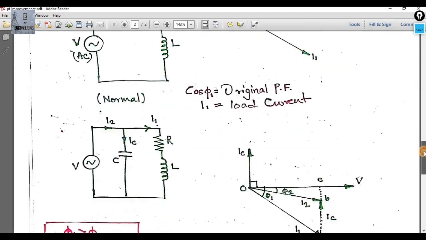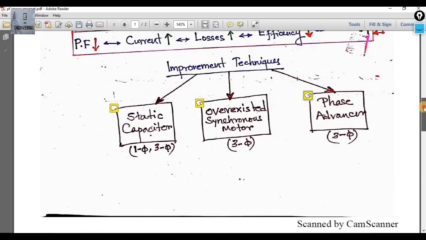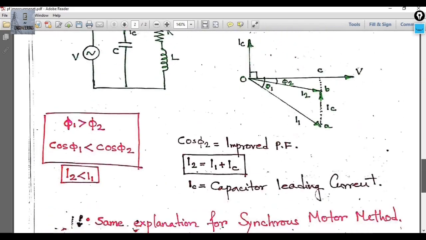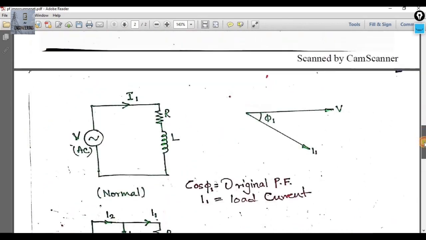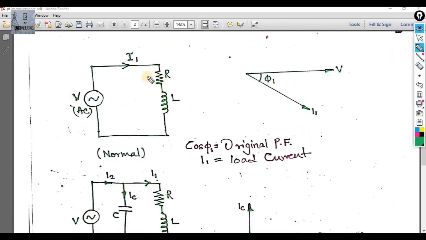Now, how do these techniques improve the power factor of a system, and what is the mathematical reasoning? Here is the explanation. So here is a system with R and L load.